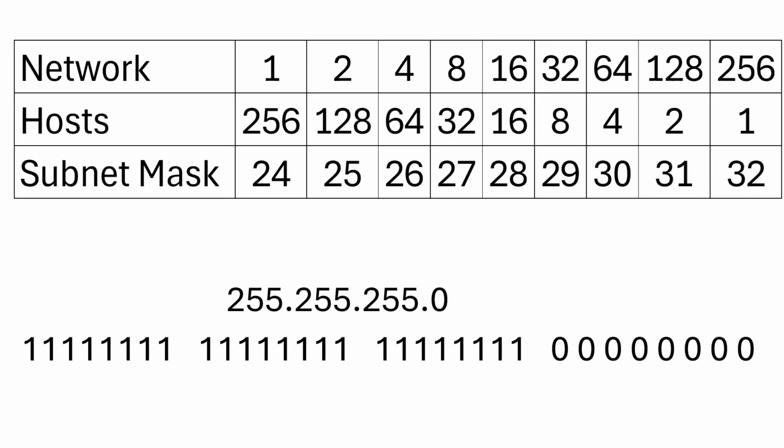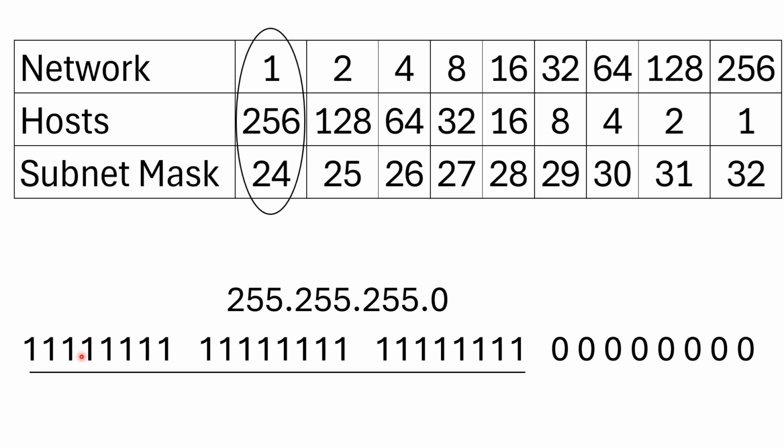Now, if you take the default and want to have just one network, then the total hosts you can have is 256 and the subnet mask will be /24. If you want to make two equal sized networks, each of these networks will have 128 hosts and the CIDR notation will be 25.